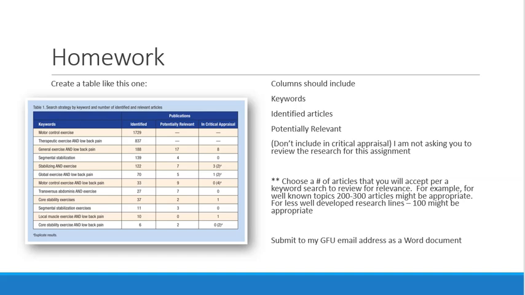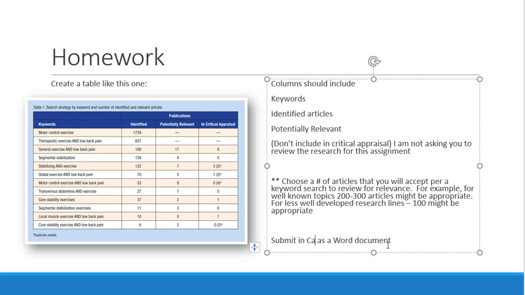Is it 300? For something that's less developed, maybe like lavender supplementation, maybe 100 might be appropriate. And then instead of submitting to my GFU email address, submit in Canvas. There's a way to upload it there in this week's section.